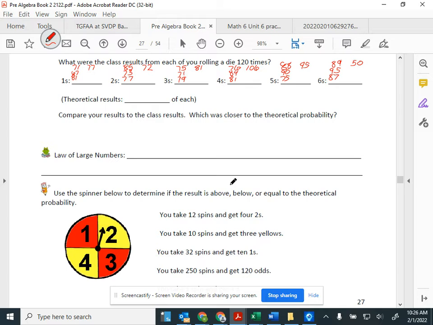Kate, 52, 53, twos, 3s, 4s, 71. 5s, and 6s. Andrea, ones, 74. 78. 67. 83. 100.